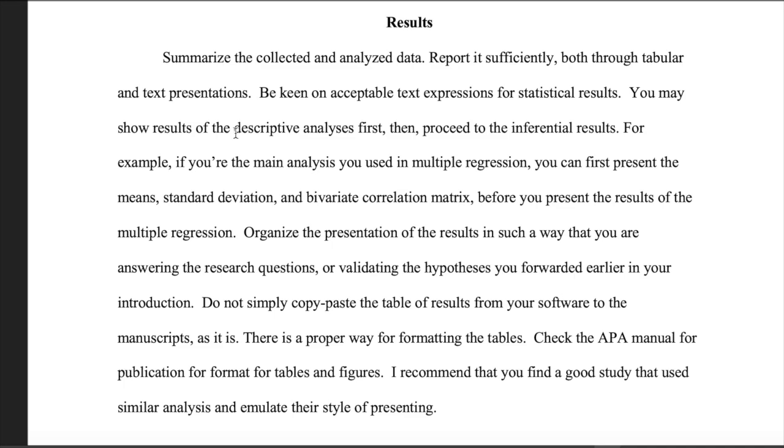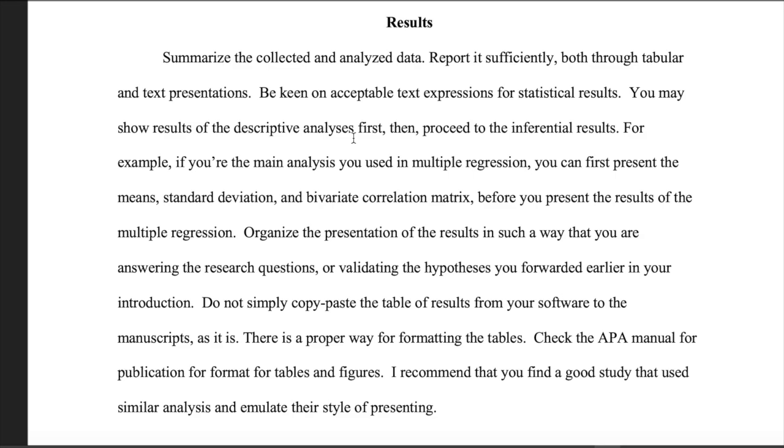All right. So generally, the sequence of things can be as such. First, you can present your descriptive analysis. For example, you can present bivariate correlations first, or the means and standard deviations of your measures.